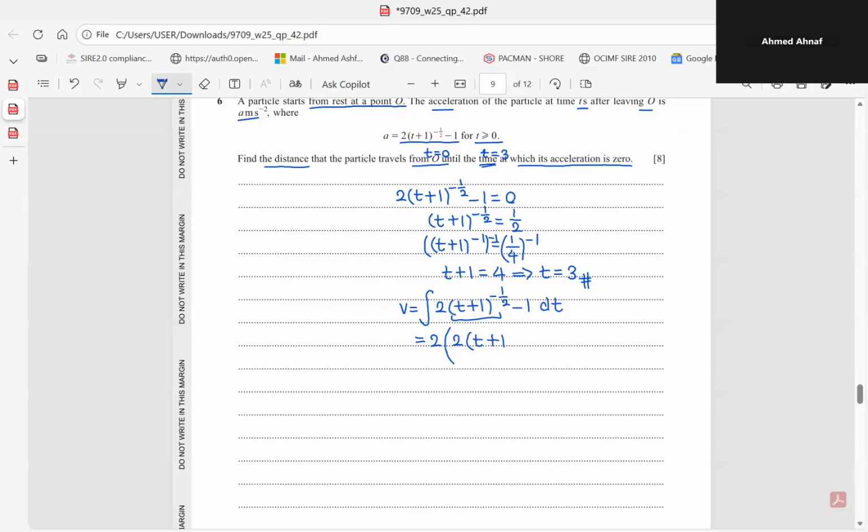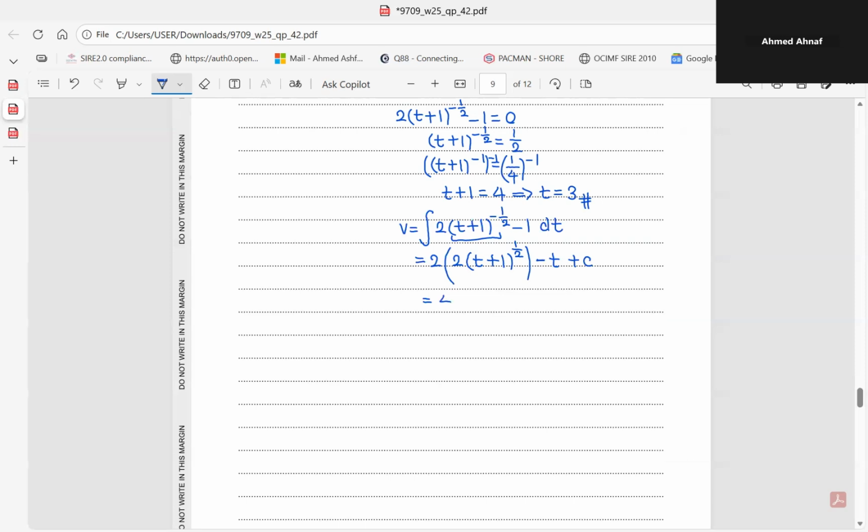So you get 2 times t plus 1 to the power of half divided by the derivative of t plus 1, which is just 1. And then minus the integral of 1, that is t plus c. Then you would get 4 times t plus 1 to the half, minus t plus c.